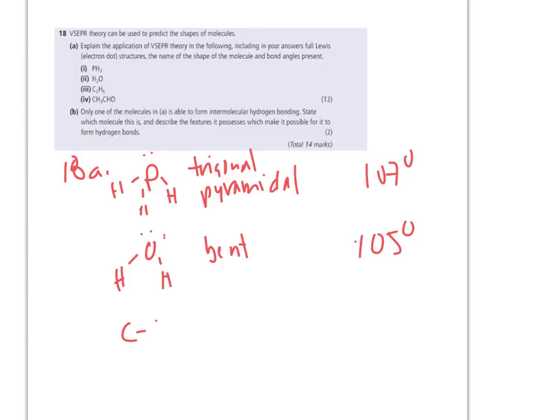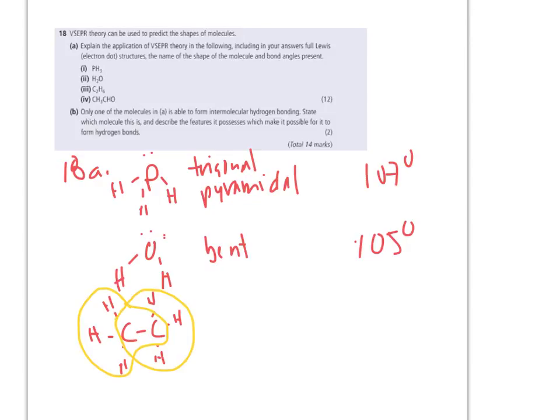C2H6 is going to have just a single bond and then the 3 hydrogen. And I mentioned this in class that when I look at this, I can look at this carbon and the 4 things attached to it, or I can look at the right-hand carbon and the 4 things attached.